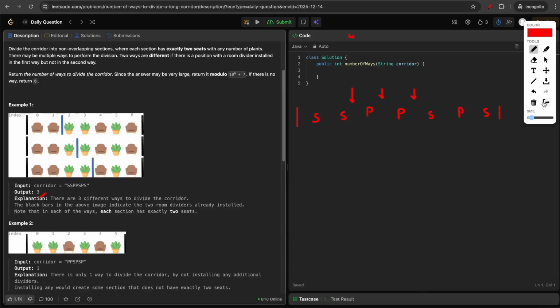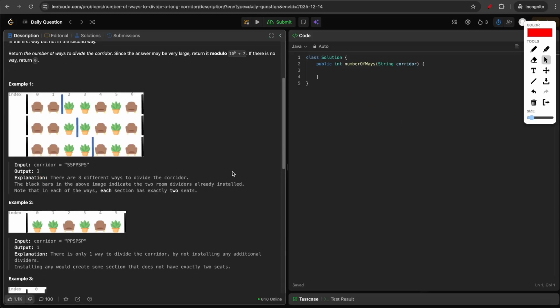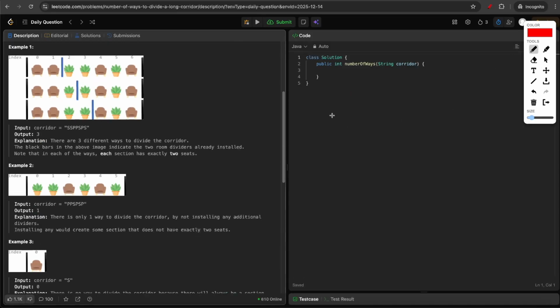Now coming to the second input, we have first two plants, then a seat, then a plant, seat, plant. In this, the total number of seats is already 2. So wherever you divide, suppose you divide it here, the right part will have 2 seats, but the left part will have 0 seats.